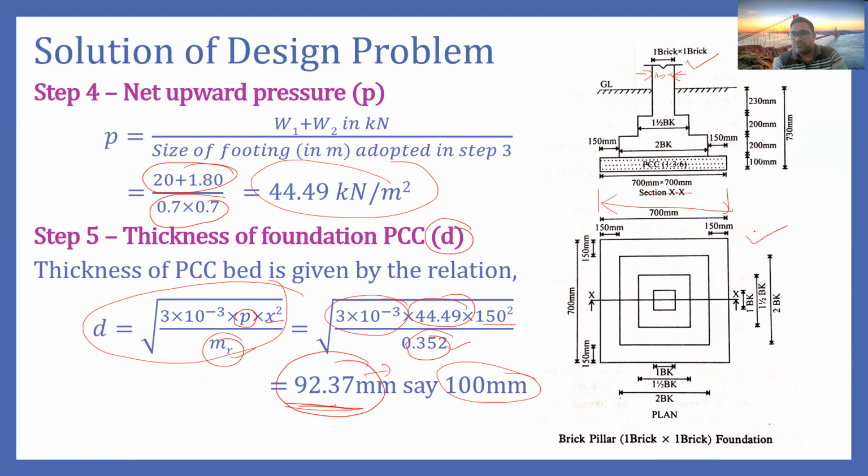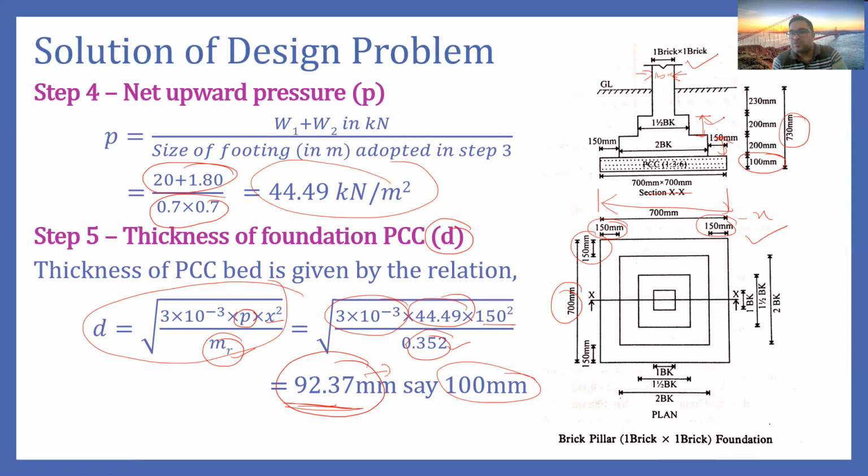In the plan also you can see these are the projections we have adopted as X, and you can see all the things are provided here. The 100 is the thickness we have calculated, and this was the total depth of the foundation. Generally, for the depth of steps, we take this value randomly.